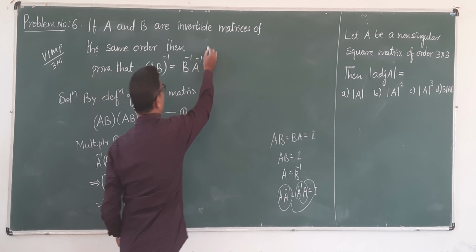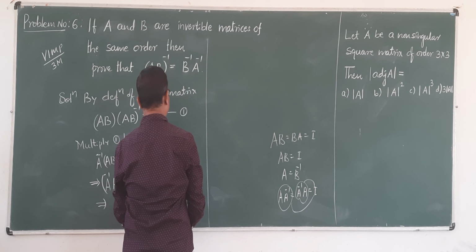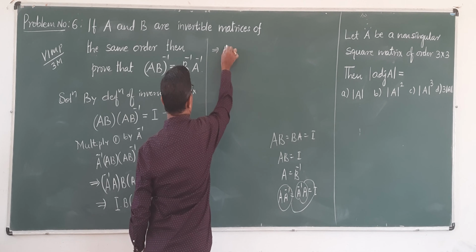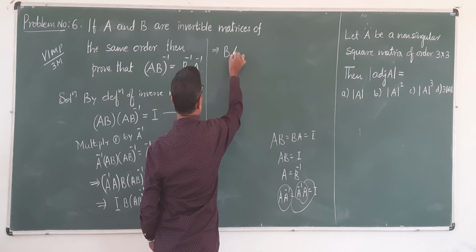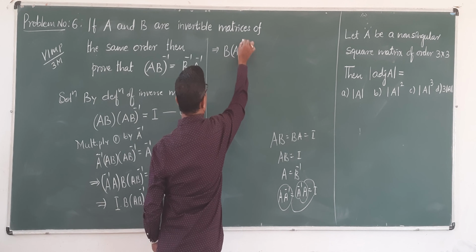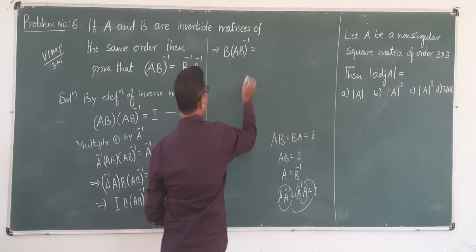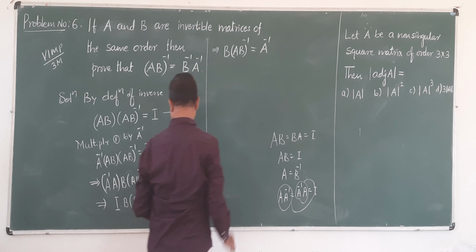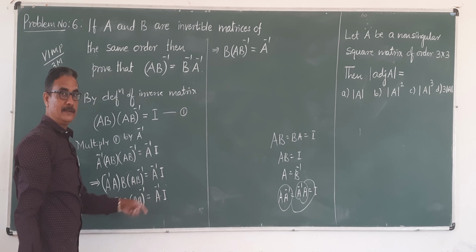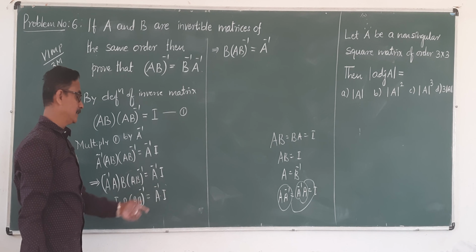But I into B, I is identity matrix into B, what happens? B of AB whole inverse is equal to A inverse into I, that is A inverse, because A inverse into I is unit matrix, A inverse into unit matrix is unit matrix.